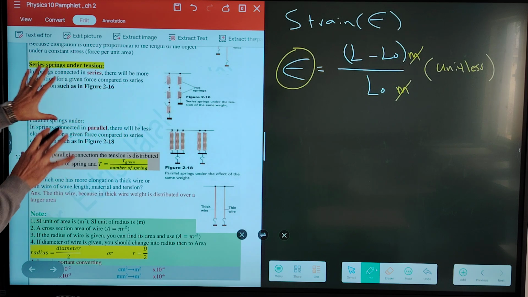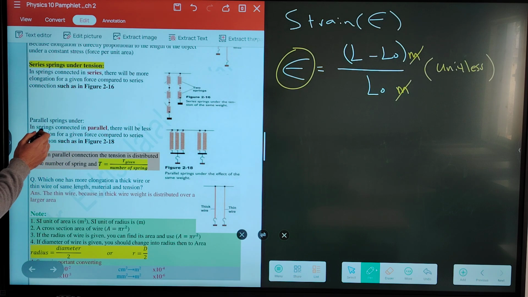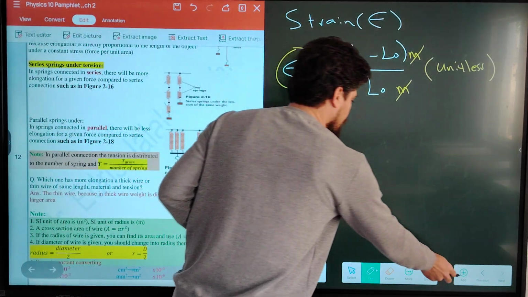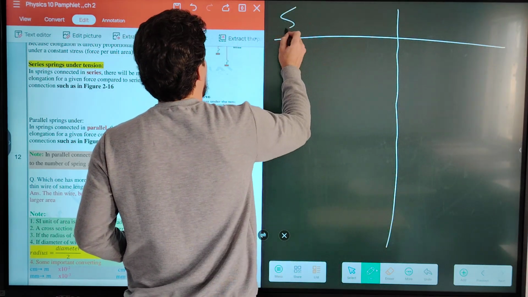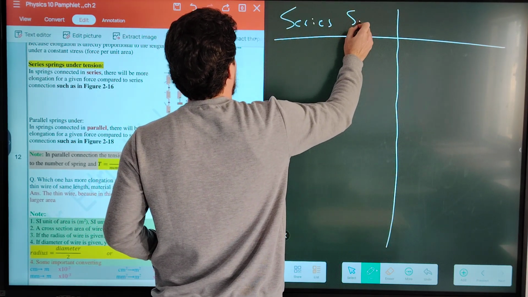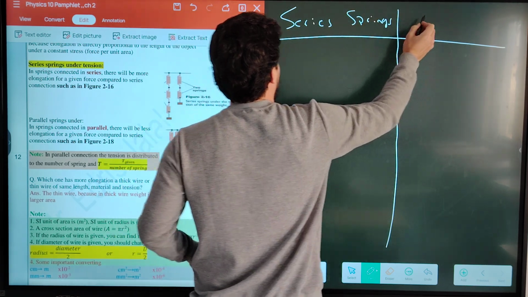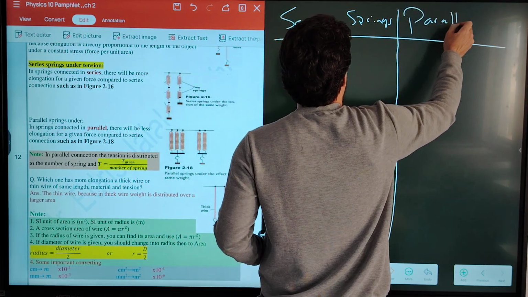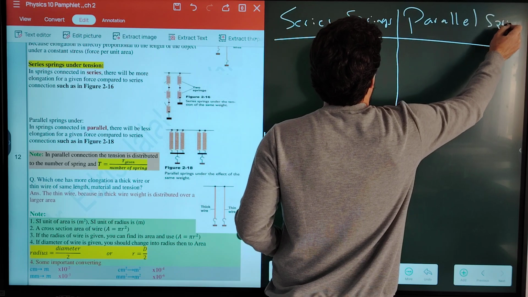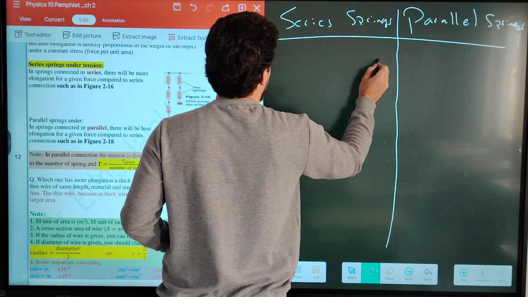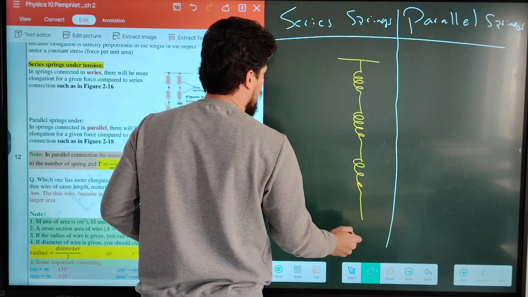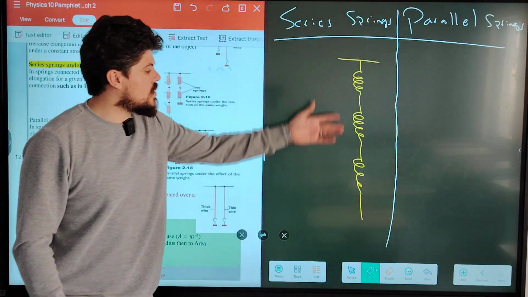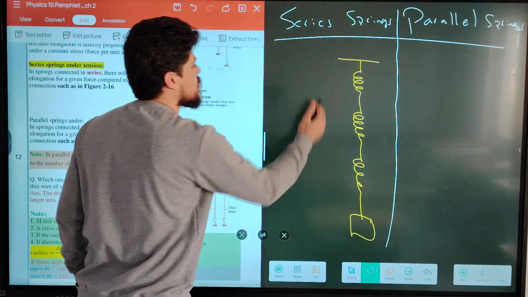So guys, in this case, we have two types of spring: series springs under tension and parallel springs under tension. Look. Series springs and parallel springs. In series springs, for example, if we have three springs connected one by one, this connection of the spring is the series connection.